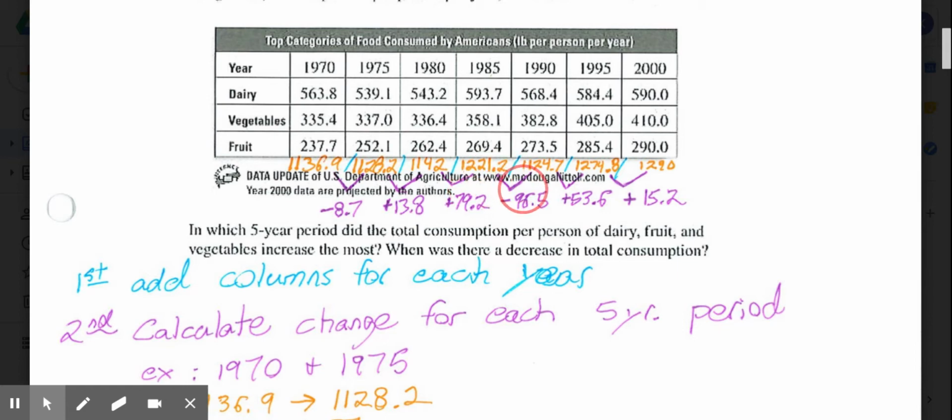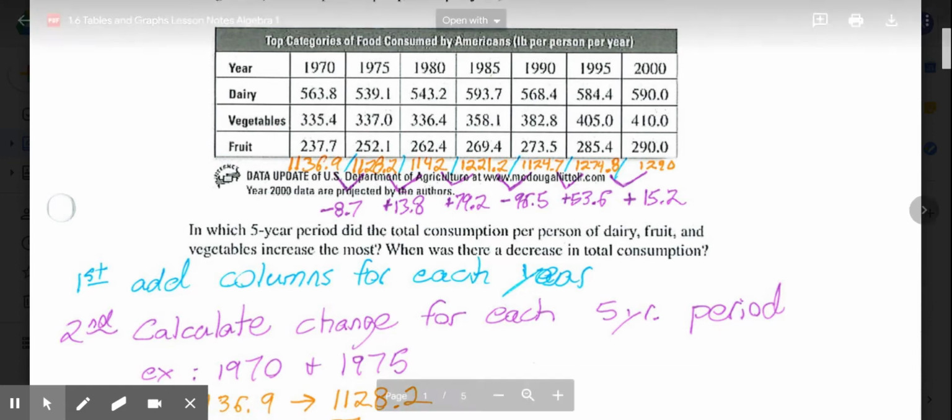So then I did that for 1985 to 1990, from 1990 to 95, and from 95 to 2000. So that's where these purple numbers came from. The difference in each column telling me the change in those 5-year periods.